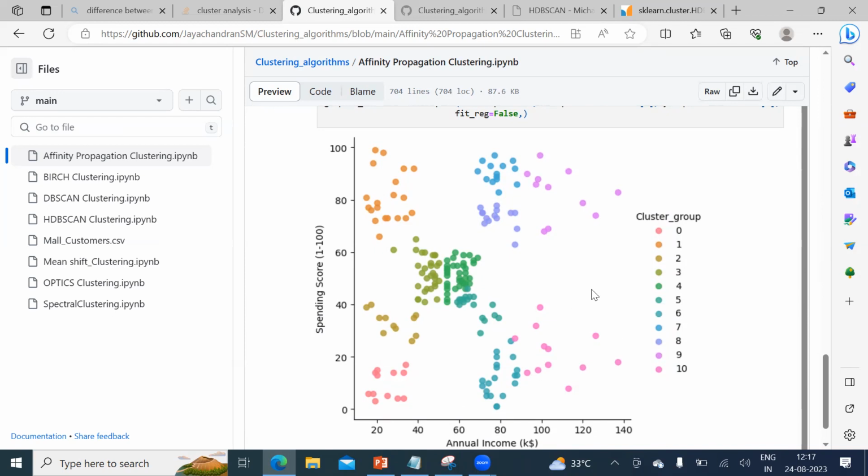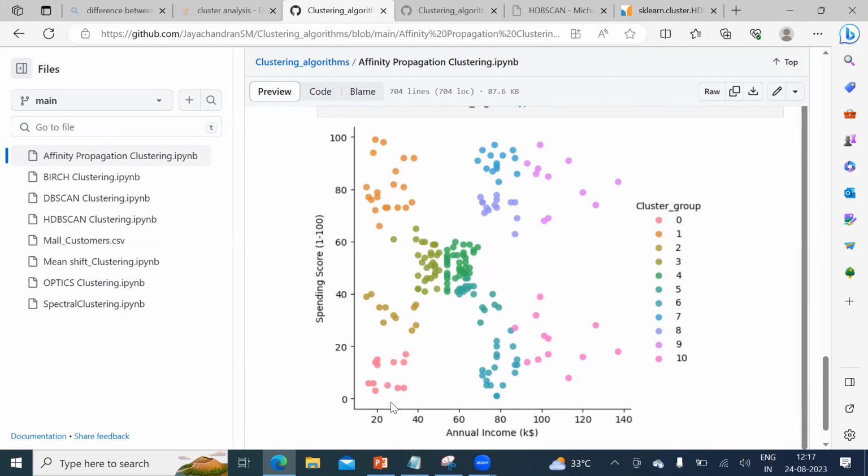If you look at this particular example, I will take the first one, 0, wherein the customers' annual income is just 20,000 to $40,000, and they are able to spend 10 to 20% of their total income. However, they have 80% of their income within their pocket.